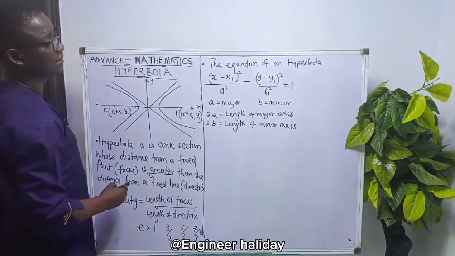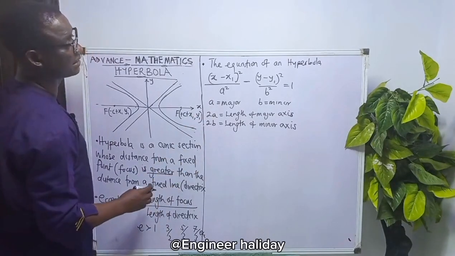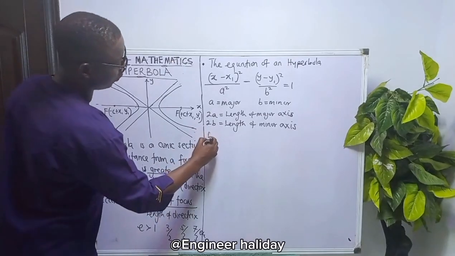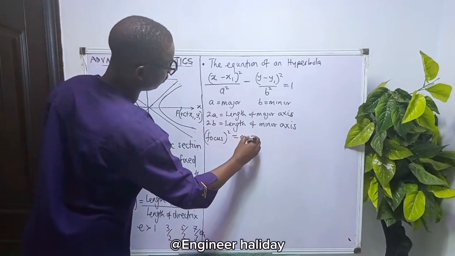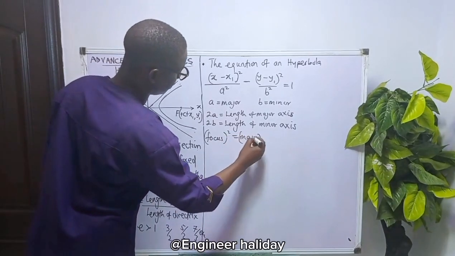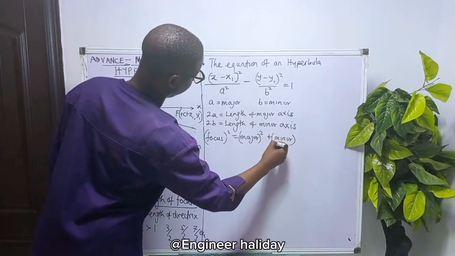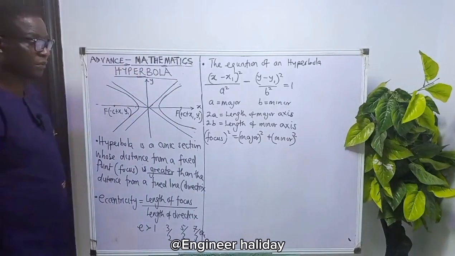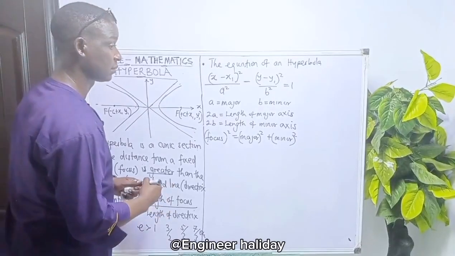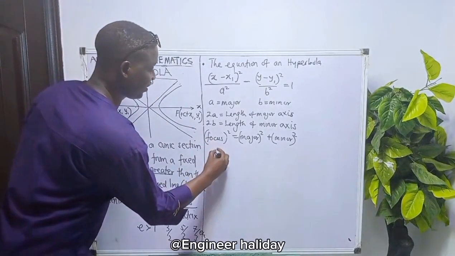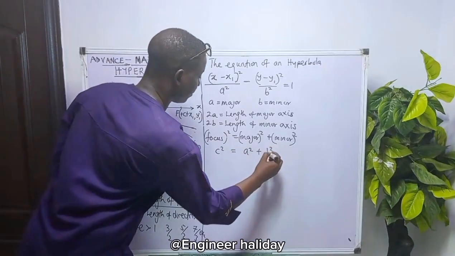Another thing we must note is that in this case, where eccentricity is greater than 1, the focus square is equal to major square plus minor square. C square equals a square plus b square.